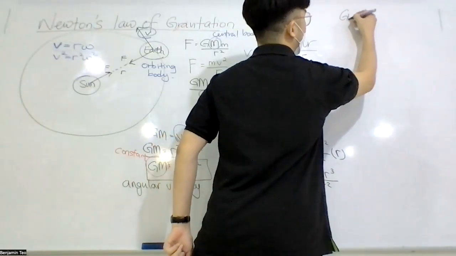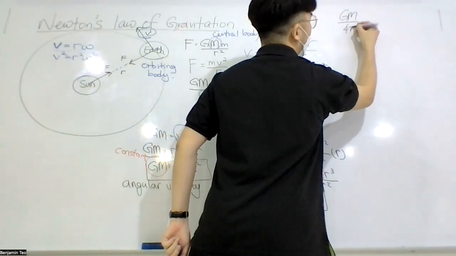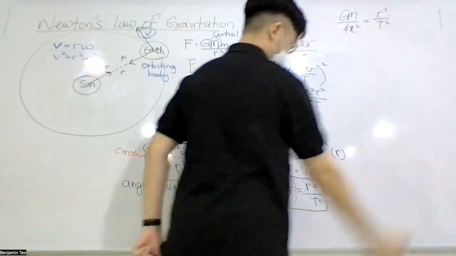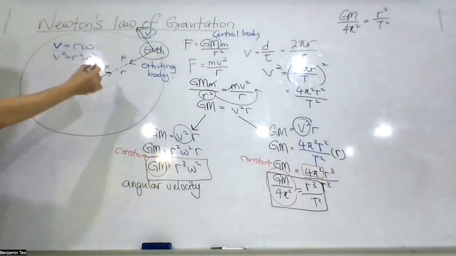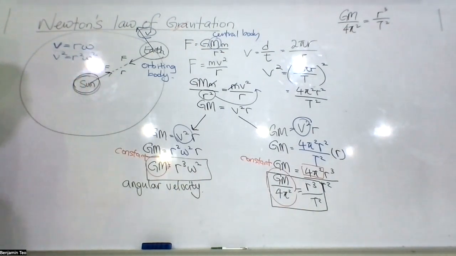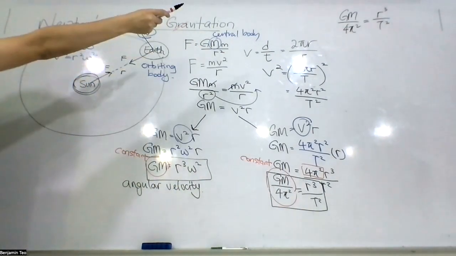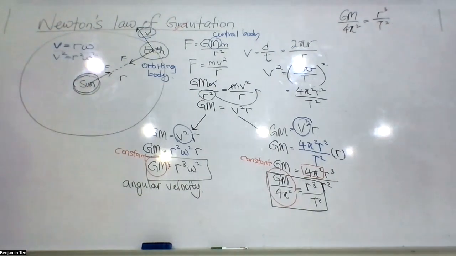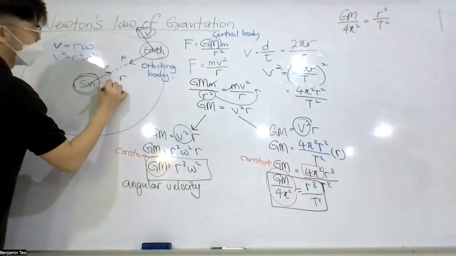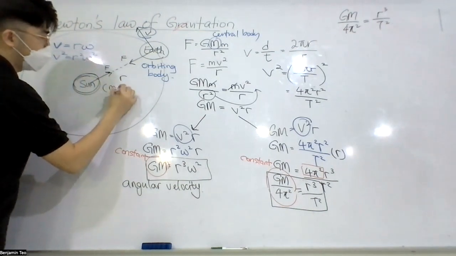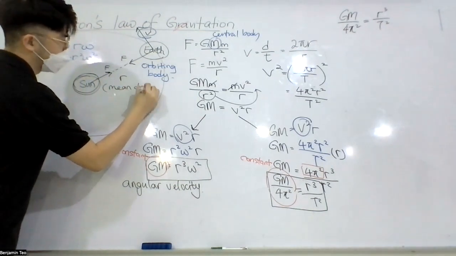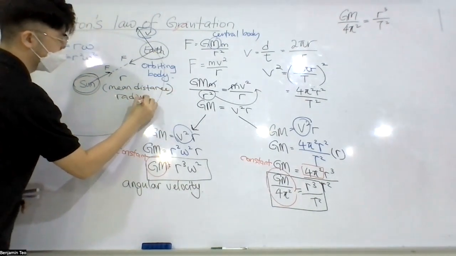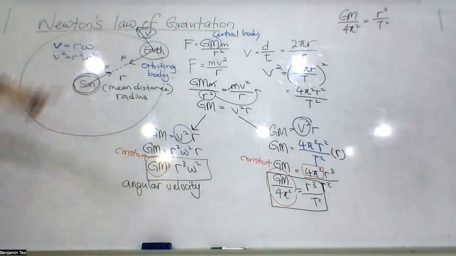GM equals R cubed over T squared. So back to our diagram. What is R cubed? R is the distance of the Earth from the Sun. Sometimes they call this radius, they call it mean distance. They're all the same thing.